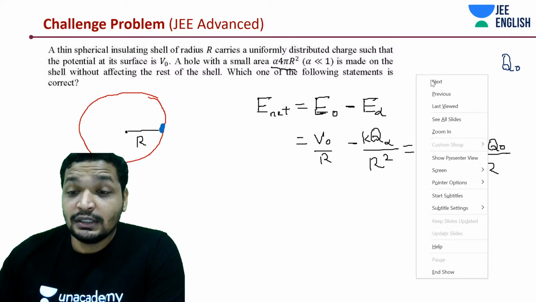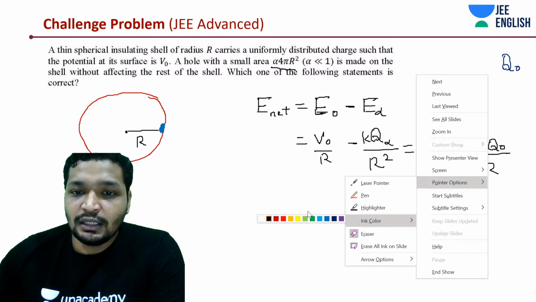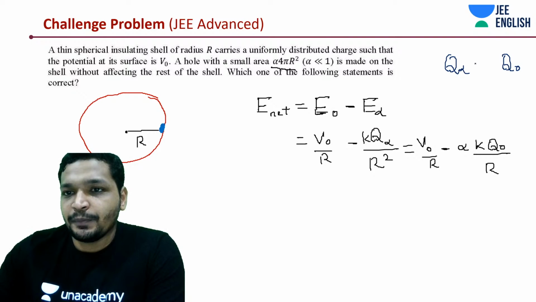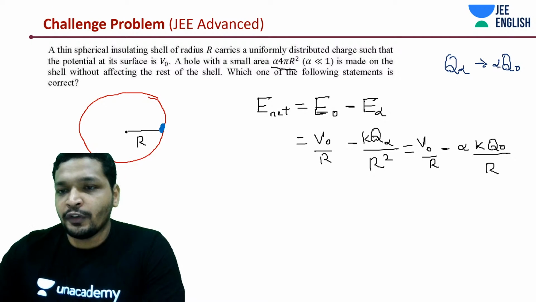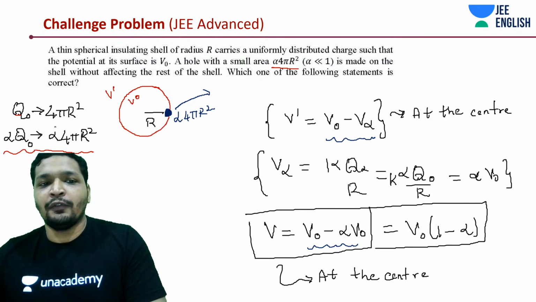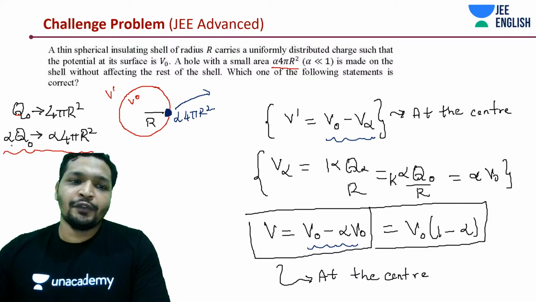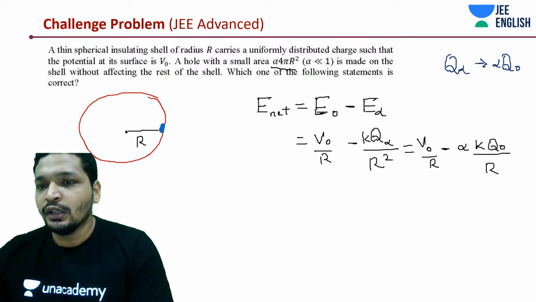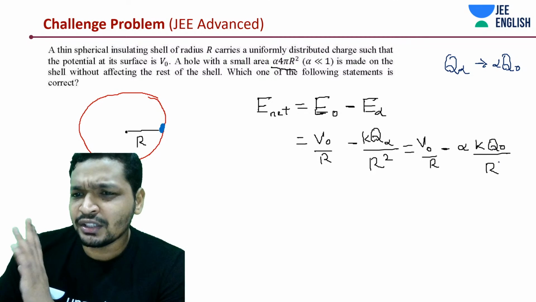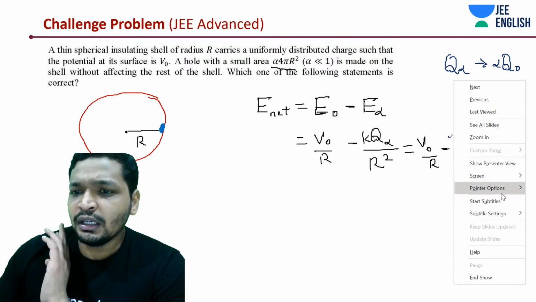I just wrote it that way. If you remember, alpha into 4 pi r square would have alpha into Q. So this should be K alpha into Q naught by r square, total thing, not just r.